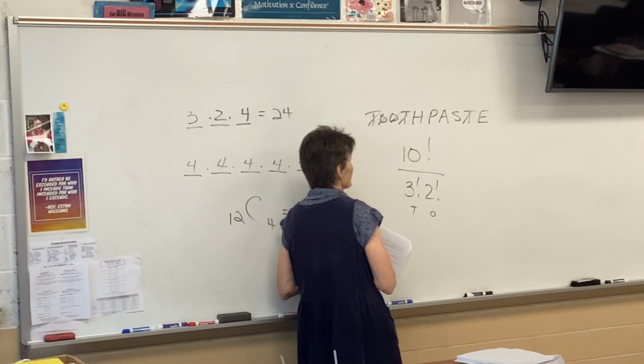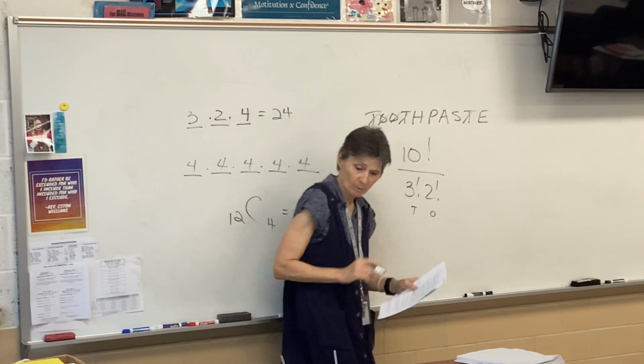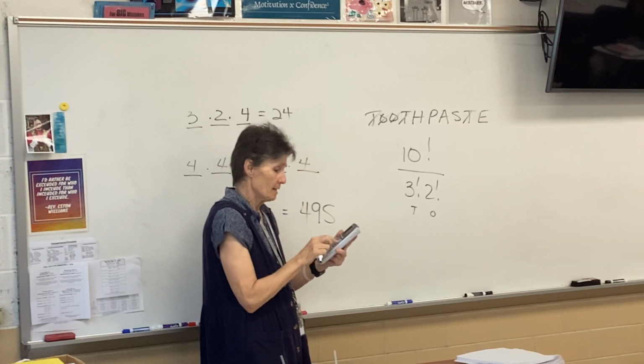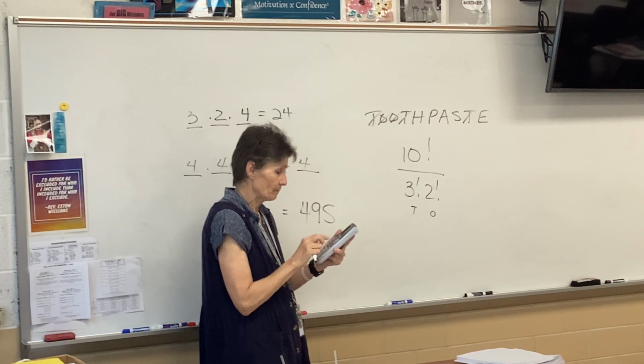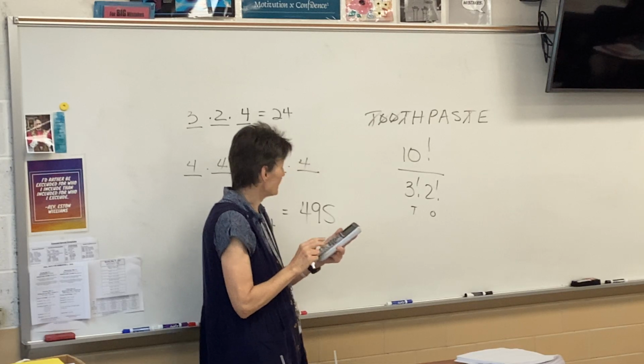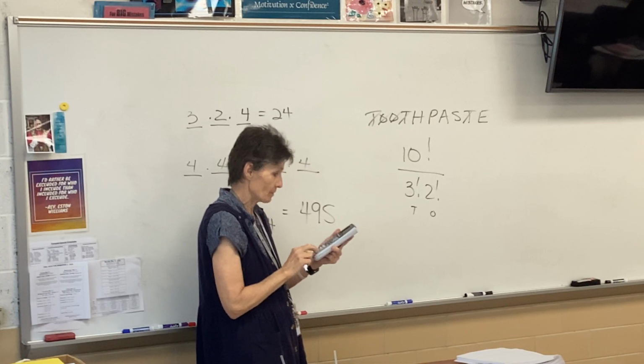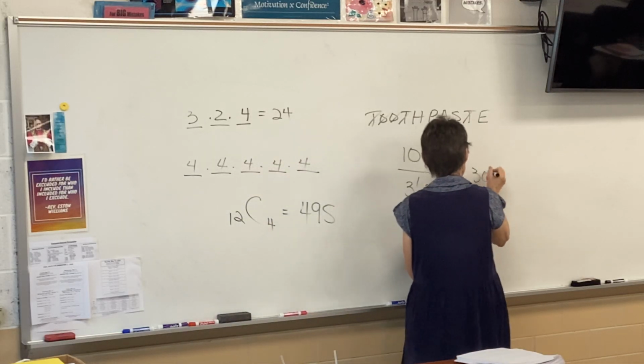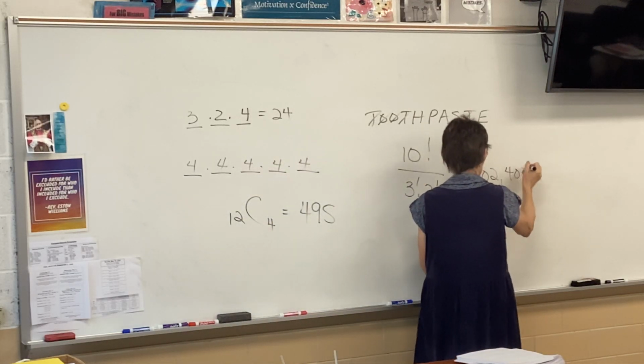Is that it? Now, I want everybody to type this in because these are the ones that, if we aren't careful, we end up with the wrong answer. The answer you should come up with is 302,400.